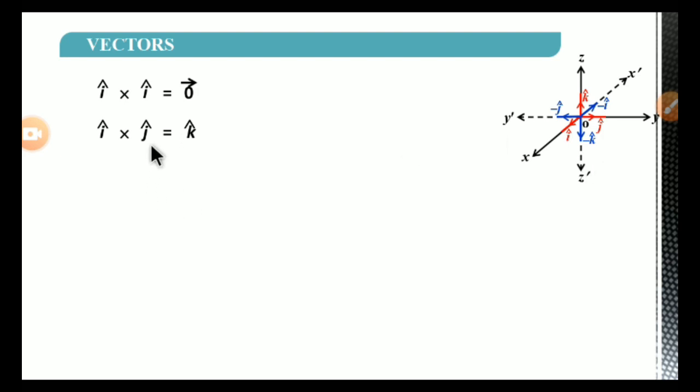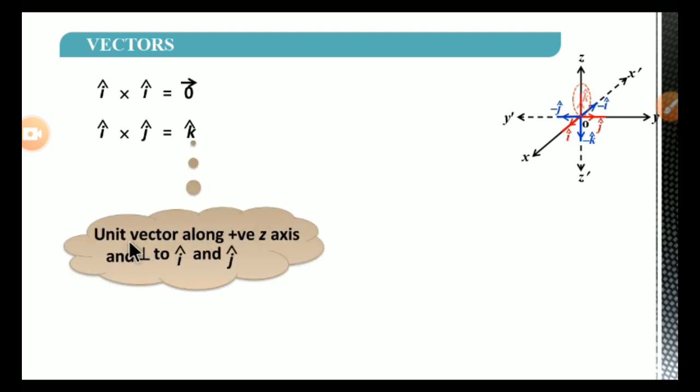Therefore, I cross j is equal to k cap, the unit vector along positive z-axis and perpendicular to I and j, because this is the unit vector. I cross j is a unit vector which is along the positive z-axis. Therefore, I cross j becomes k cap.